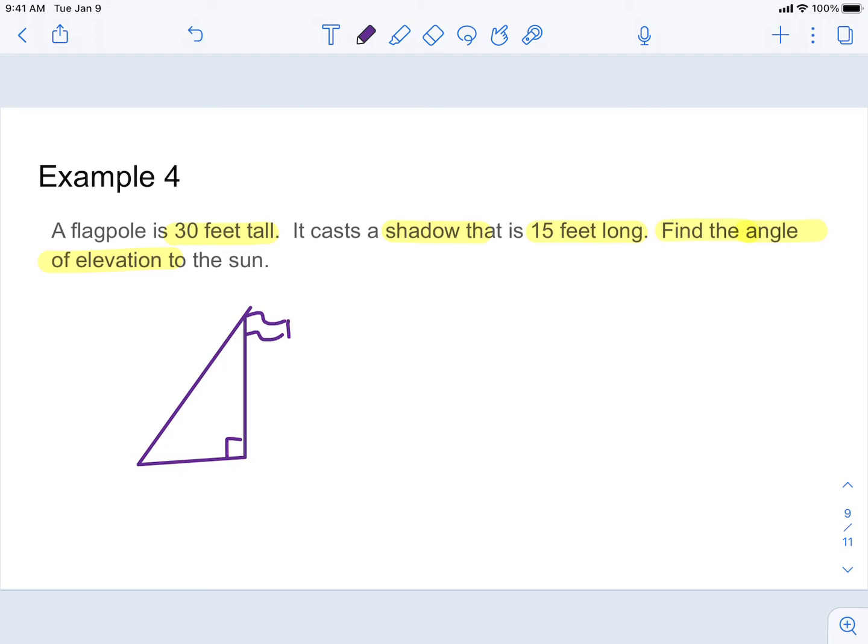The flagpole we know is 30 feet tall, so that's our vertical. The shadow's 15 feet long. We want to know the angle of elevation, and that goes right there, so that my opposite side is the vertical, my adjacent side is the horizontal, and the hypotenuse I'm not using in this one, so I'm going to leave it blank. All right, this is a TOA problem.